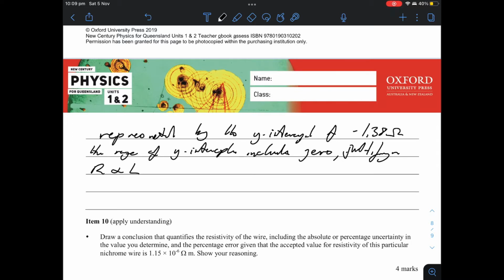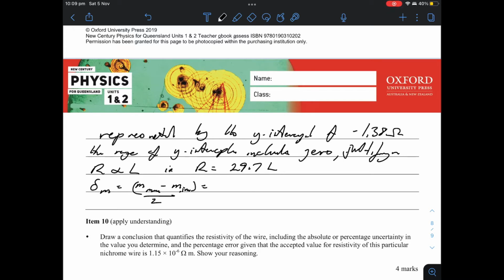So again, R is proportional to L, and in fact R is equal to the slope of the line of best fit, which is 29.7 times L. Now the uncertainty in the slope comes from the uncertainty in the max and min line. The normal thing: we take the max slope, subtract the min slope, divide by 2.